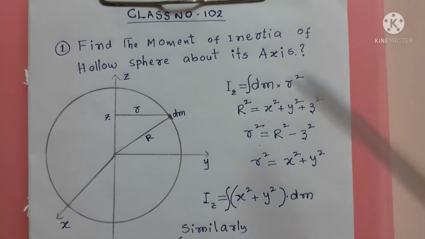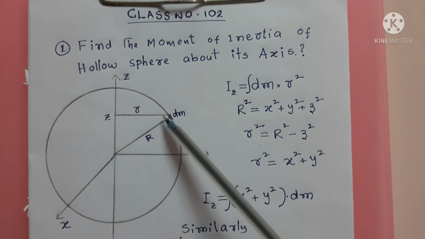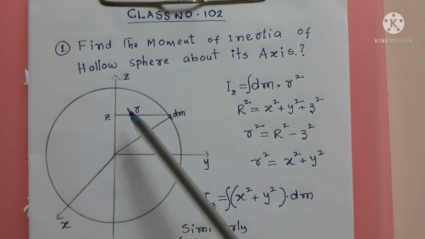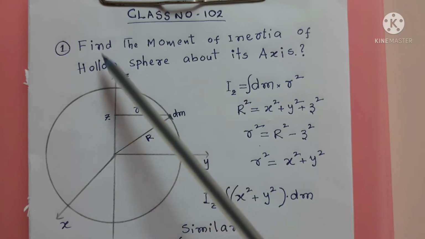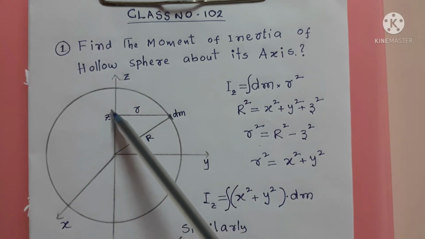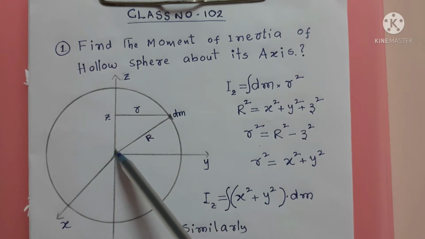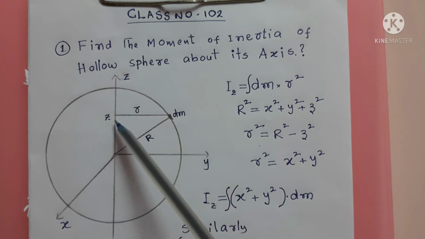You see here, this dm is at a distance of capital R from the center of the sphere. This small r is the perpendicular distance from the z-axis, and this is a right angle triangle. From the origin, this is at a distance of z, because I am calling the coordinate along the z-axis as z.